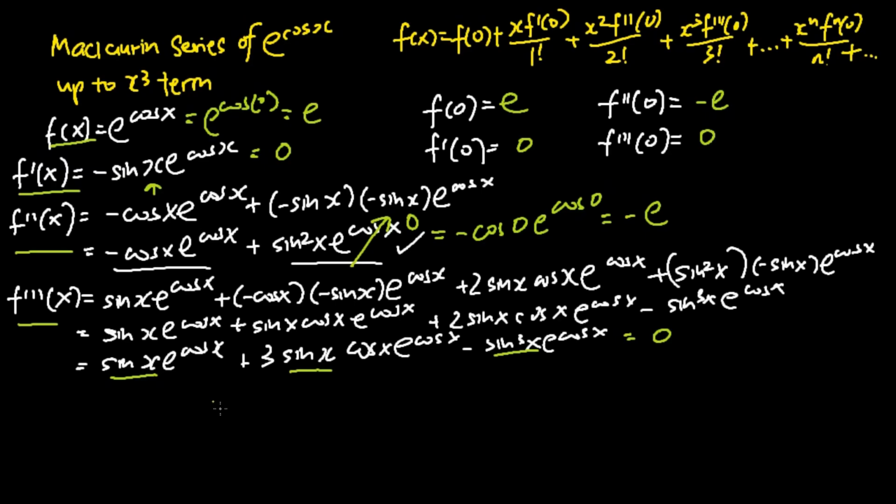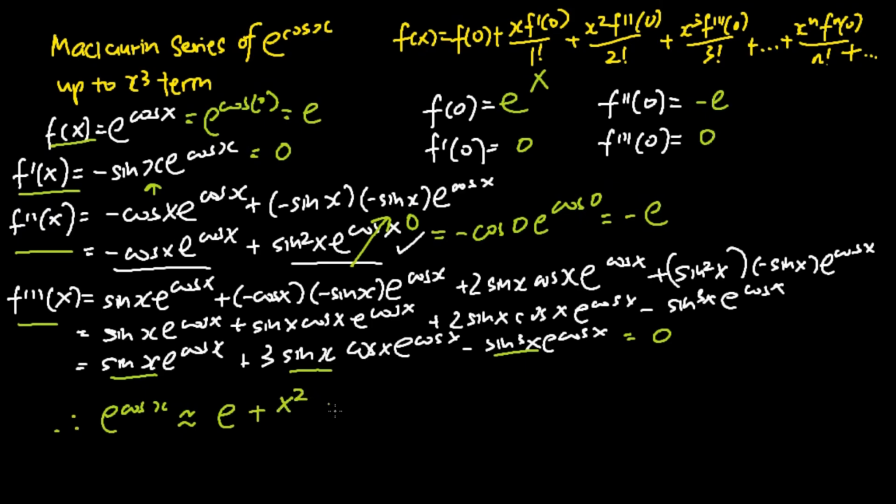Once I find my f0, f prime 0, f double prime 0, and f triple prime 0, I can apply the formula shown in the top right hand corner of this video. My Maclaurin series of e to the power cosine x up to and including the x cubed terms will be approximated to be as follows. My f0 is e, my f prime 0 is 0, so this second term itself basically we don't have. And then as for the third term itself, we have x squared.